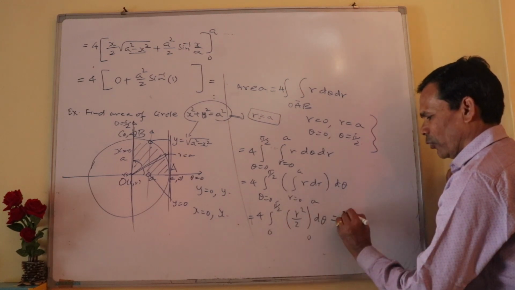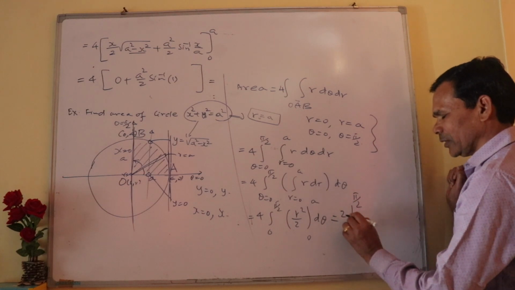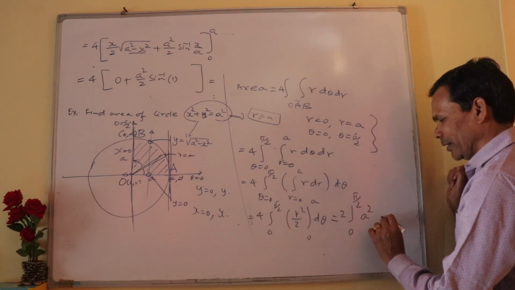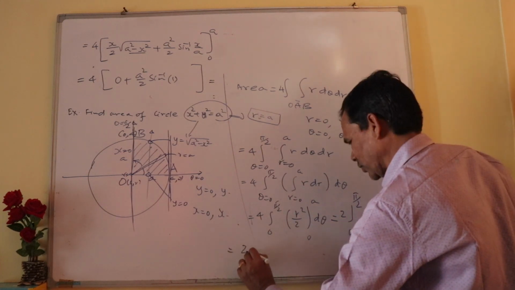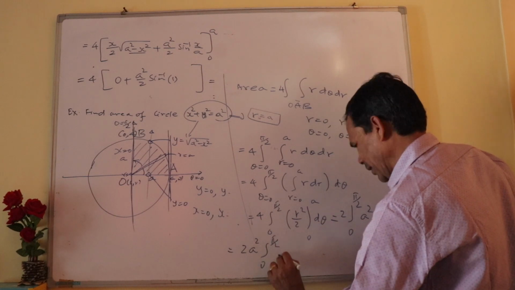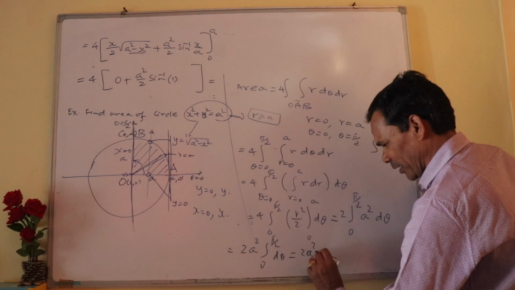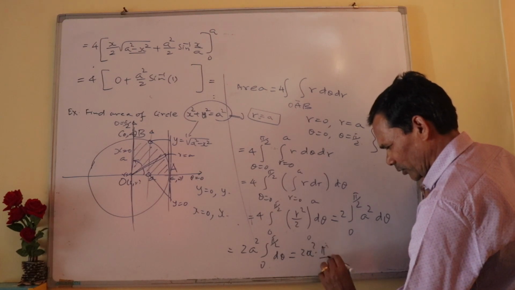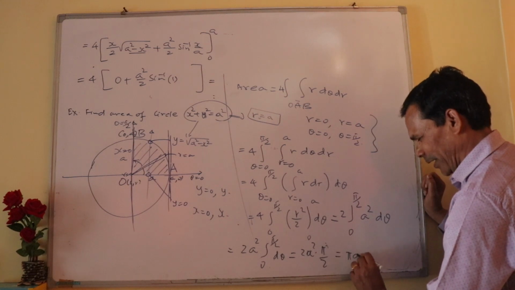So 2 2s are 4, so 2 times the integral from 0 to pi by 2 of a squared dθ. You are getting 2 a squared times the integral from 0 to pi by 2 of dθ. This value is naturally pi by 2, so 2a squared into pi by 2 gives you pi a squared.